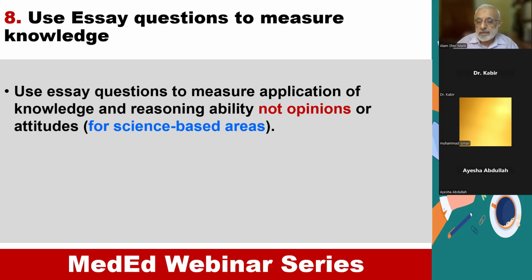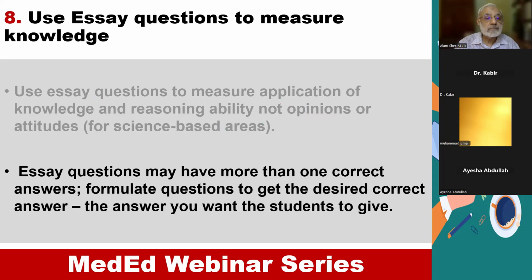The opinions may be important in other fields, but in science-based areas, if we are using essay type of questions, then we are not asking for opinions, but we are asking for correct answers and reasoning. So in this way, the science-based essay questions become different than the other fields.